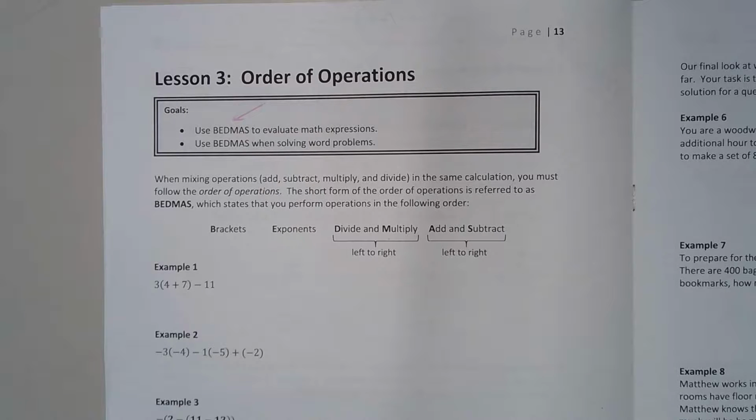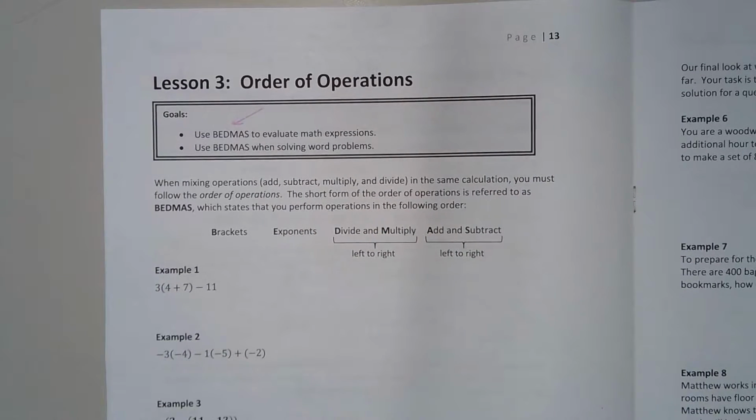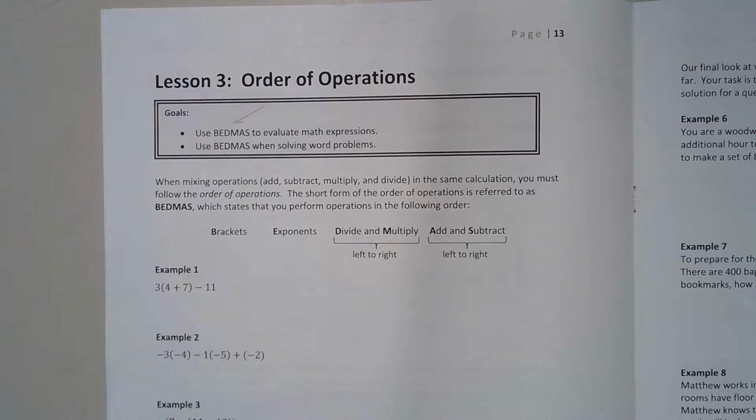And evaluate. We're going to see that quite a bit. What does evaluate mean? If you take apart the word evaluate, the root word of evaluate is value. What is it worth?